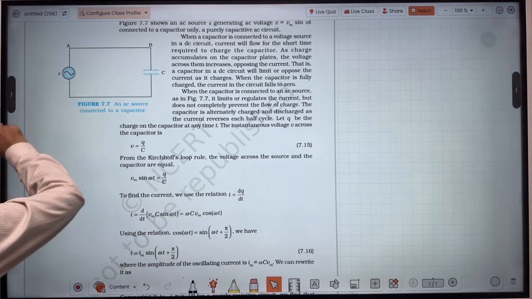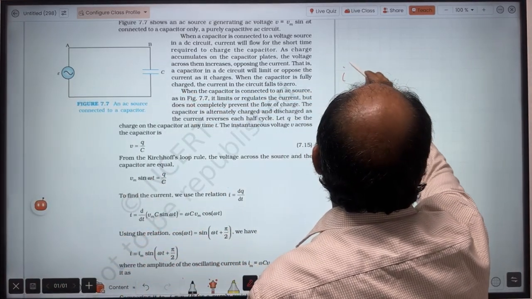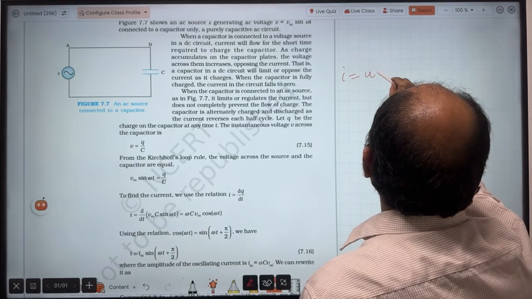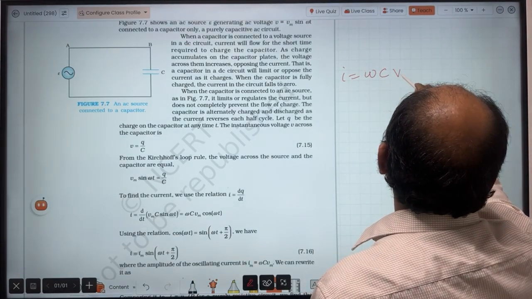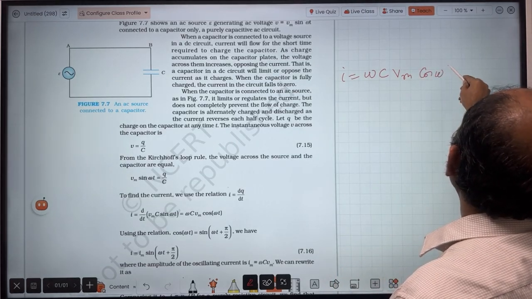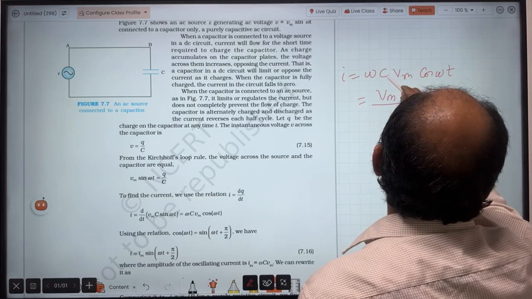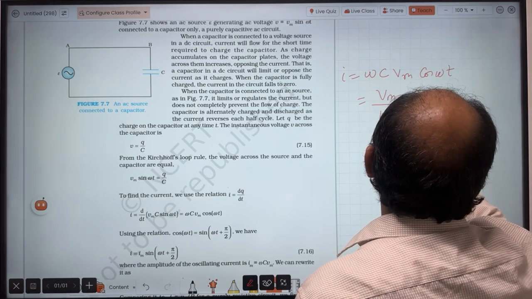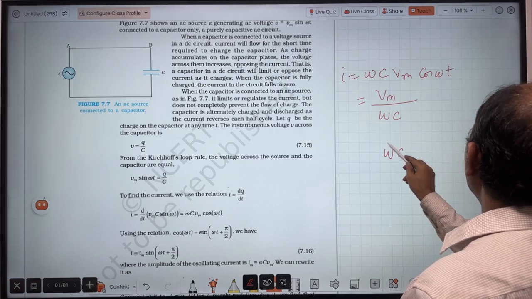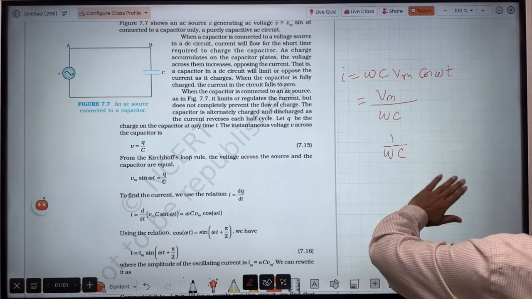Let's write this term because some important result is hidden here. We have got I equal to omega times C times Vm times cos omega t. This can be written as Vm times 1 upon omega C. Is it correct?